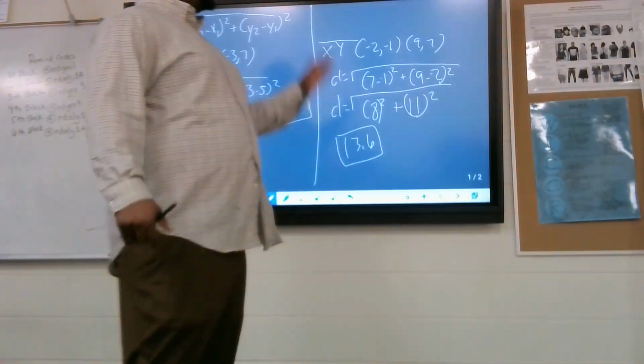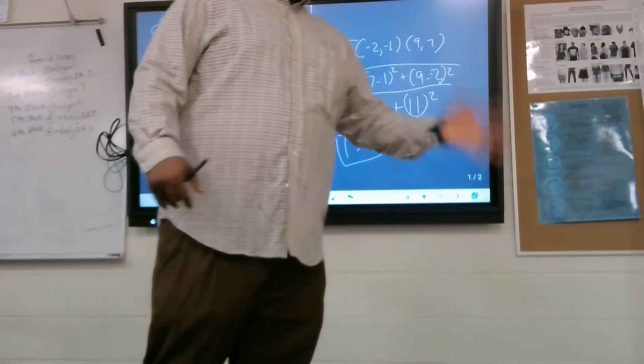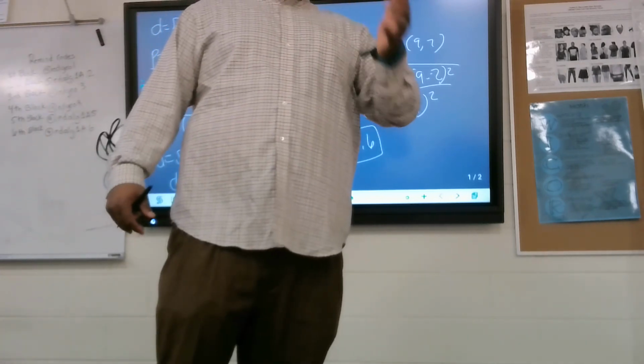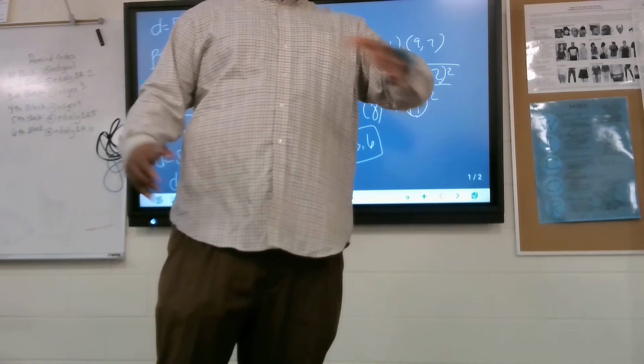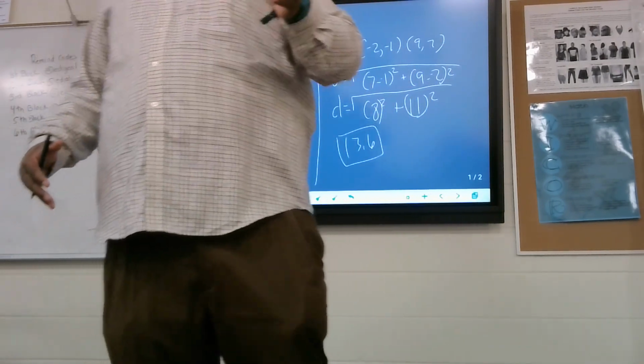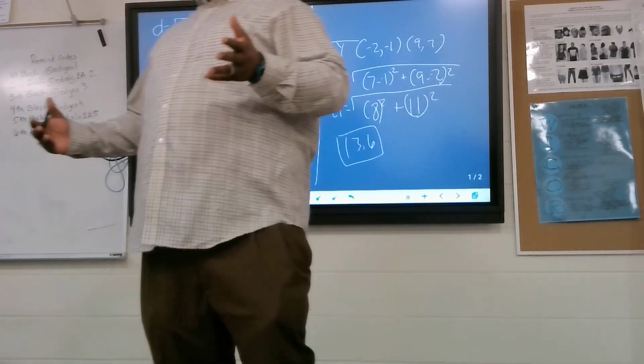So for the first two, you put a check mark. Now all you do for the rest of them is do the distance formula to see if they're congruent. And if all three sides are congruent, then you know that both triangles are congruent.